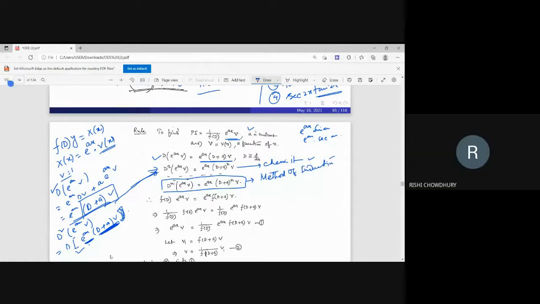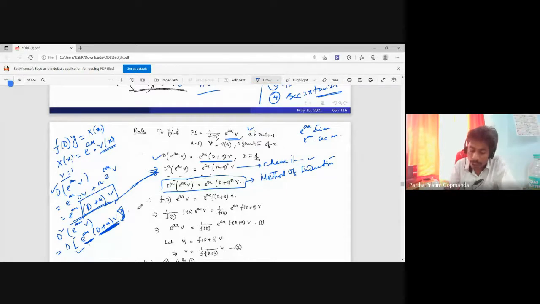So now see, that means if you have D to the power n operating on e to the power ax v, you are getting e to the power ax, and D is shifted to (D plus a) to the power n, and that you have to operate only on v. So it is now free from the derivative operator. You have another term here, only this term.